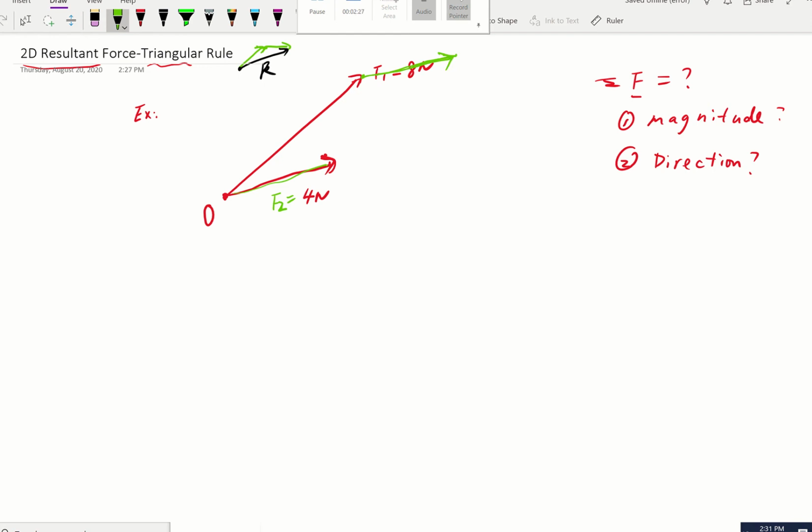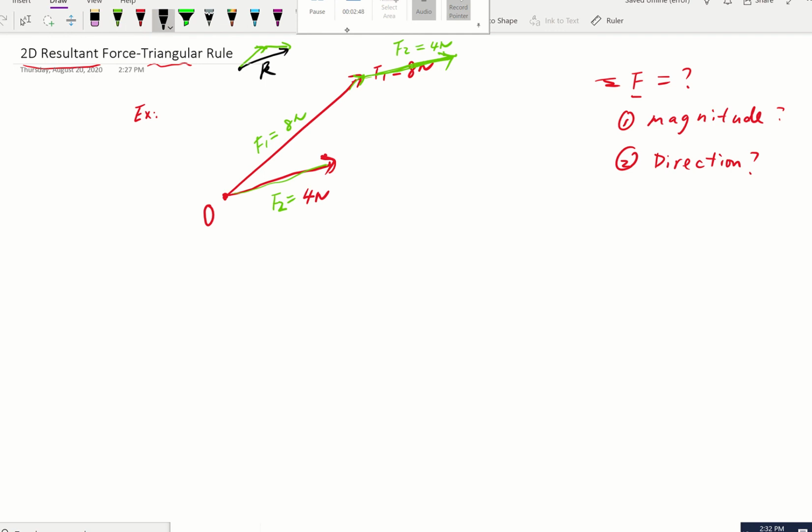The longer the length, the stronger the force is. So I'm going to label this F1 as 8 Newton here. And this is going to be our F2 now. It's 4 Newton. So now they are arranged in head to tail fashion.